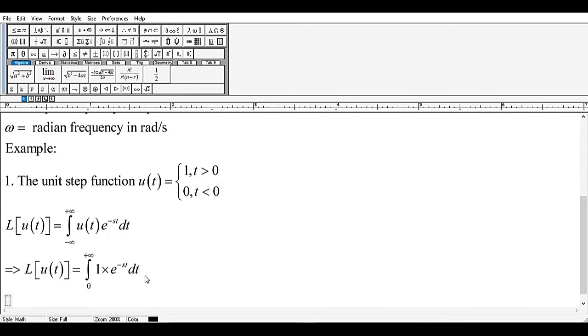Why have we written this? Because the function u(t) becomes 0 for t less than 0. So essentially the lower limit of the integration will be 0.